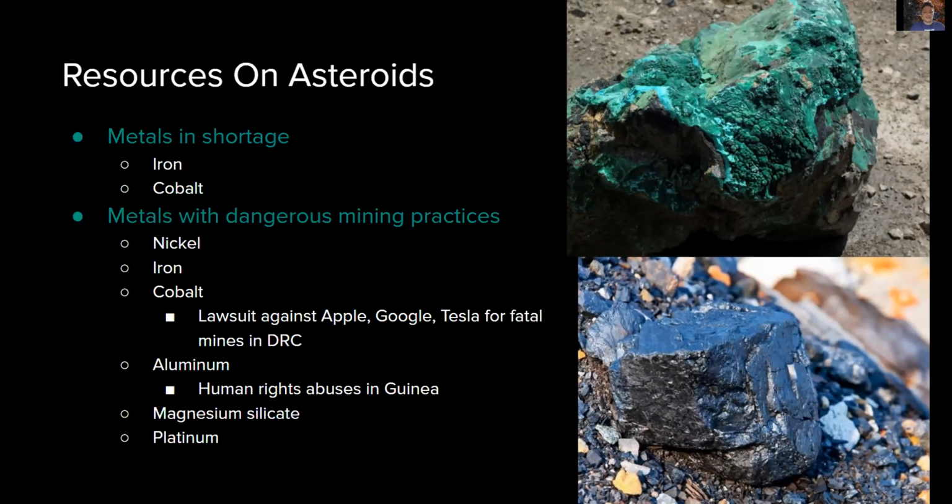So the idea is that if you don't mine on Earth and if you mine in space, you can avoid some of the damages to these communities. And aluminum is on the bottom right. You can see what the ore looks like, is linked to lots of human rights abuses in Guinea as well. So if you do this in space, the idea is that you're not harming the communities on Earth by using these mining practices. So next slide, please.